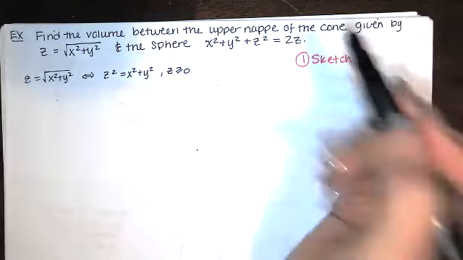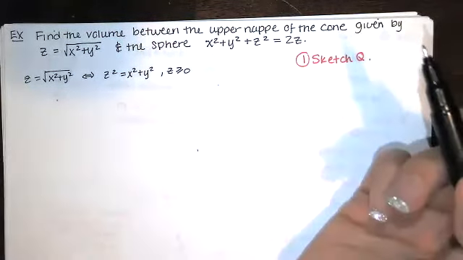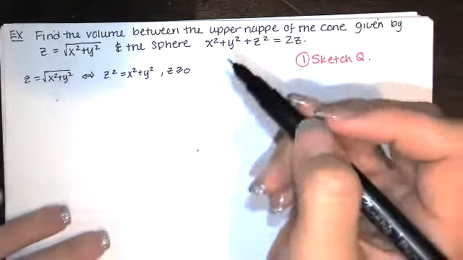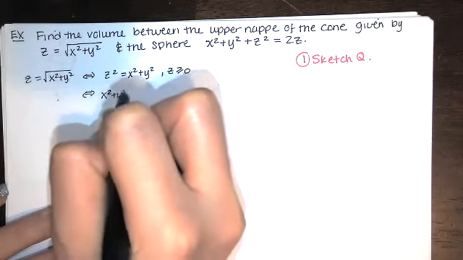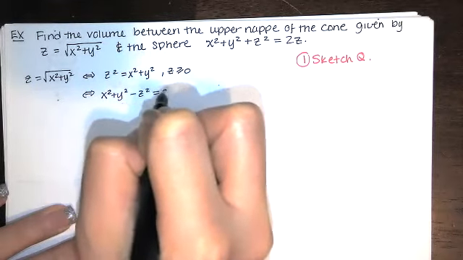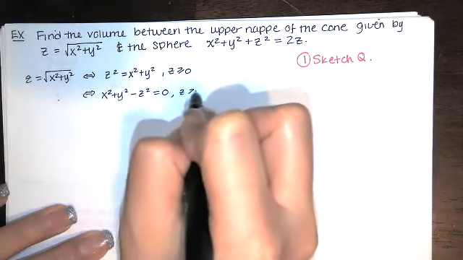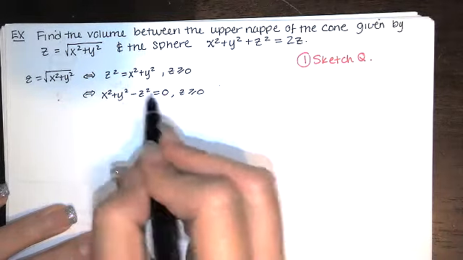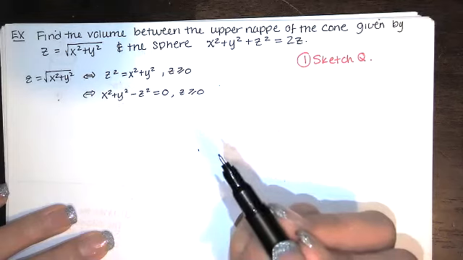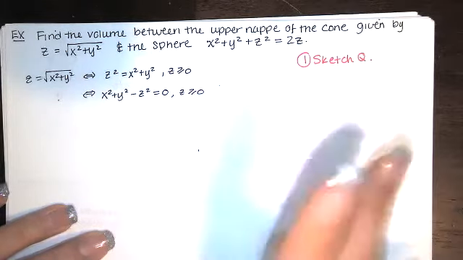So when they say it's the upper nappe of the cone, well, that just means we get the top part of the cone. If you rewrite this so that it's in standard form for the equation of a cone, you see the z is negative, the other two variables are positive, all three are squared, and we've got a 0 over here. So that tells me I'm dealing with a cone.